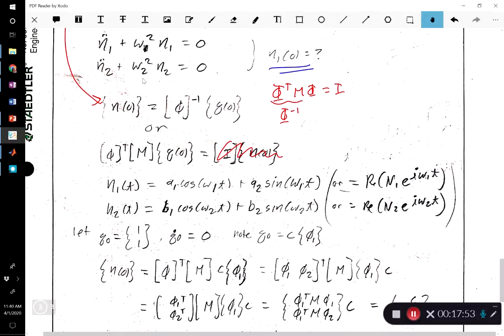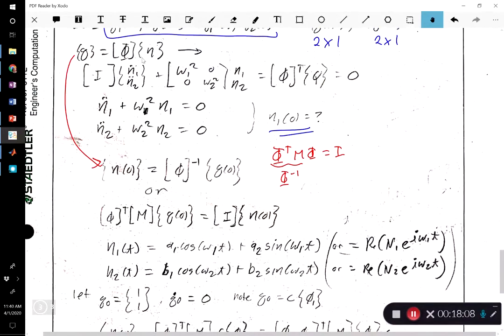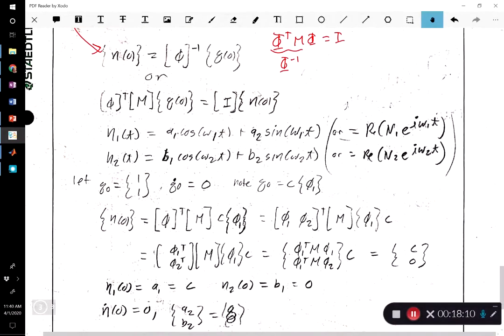So we can get our initial conditions on eta by multiplying both sides of this top equation by phi transpose m, which tells us that eta 0 is phi transpose m times q. Alright, and then once we get done with that, we know what we need to know.